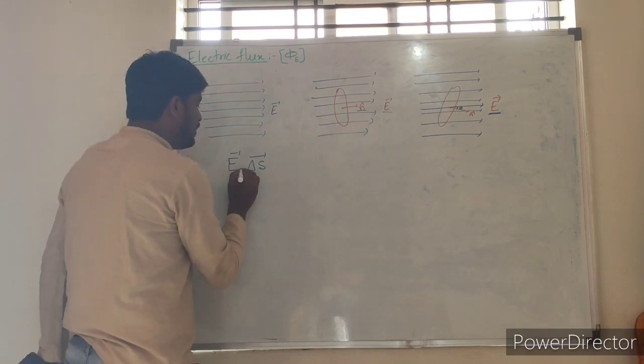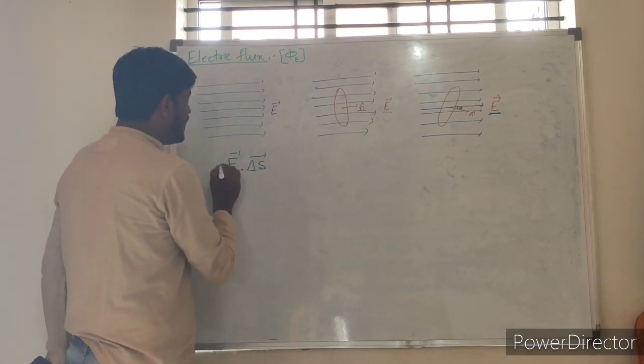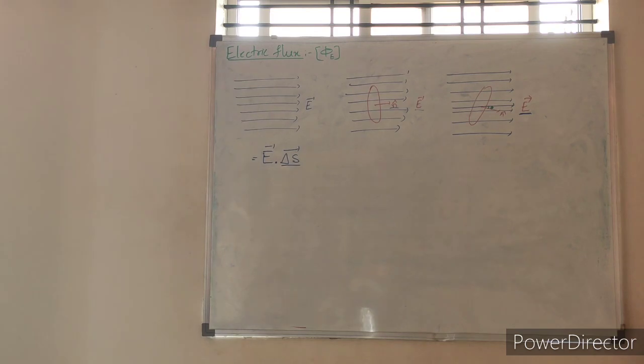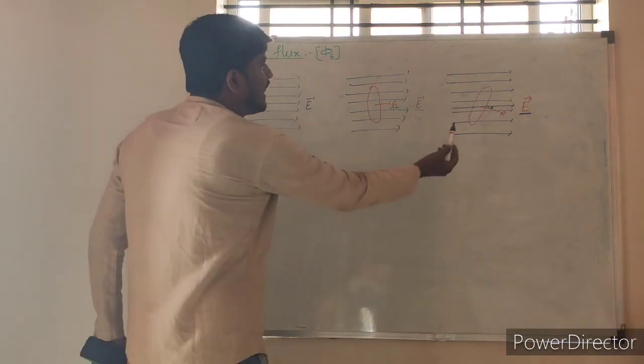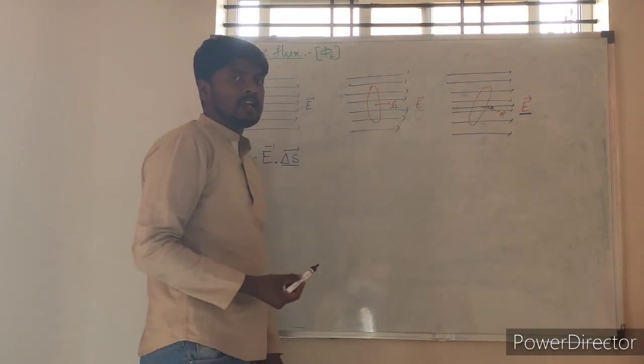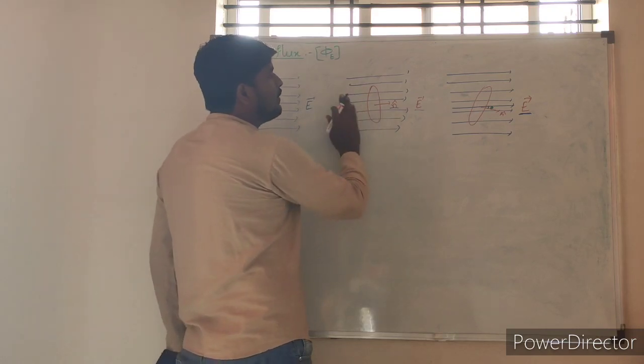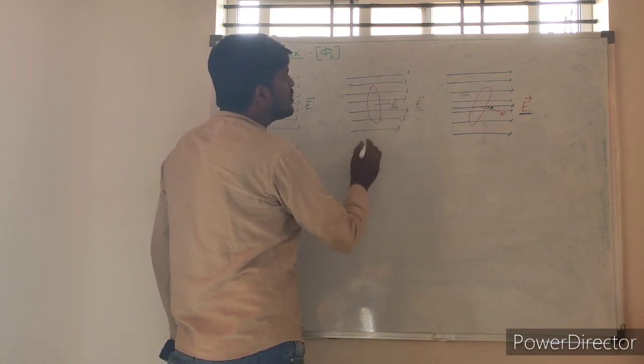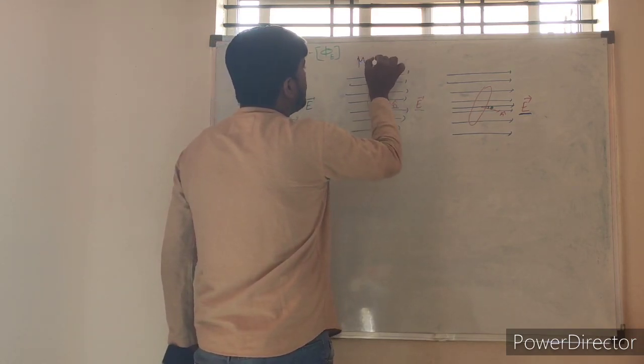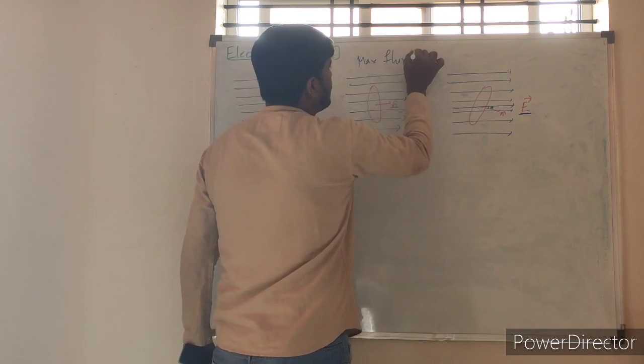So let me take a dot product, E dot delta S. If the electric field and the area vector are both parallel, then we can have the maximum lines of force. So we have maximum flux density.